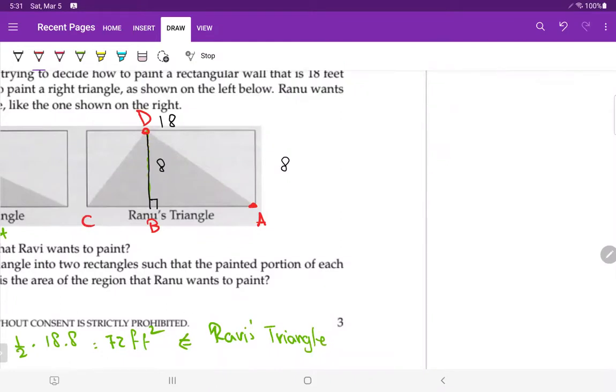Okay. Then let's think about the two triangles now. The area of triangle ADC is equal to the area of the small triangle CBD plus the area of triangle ABD, right?